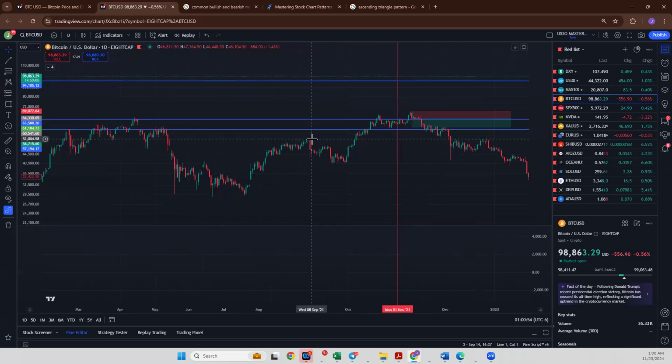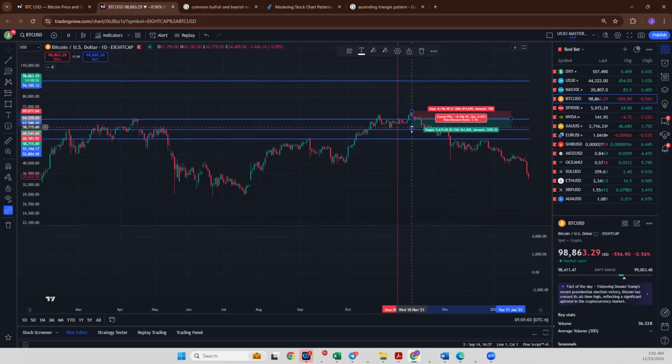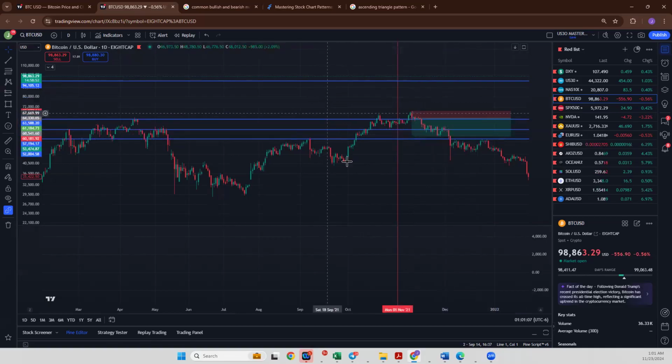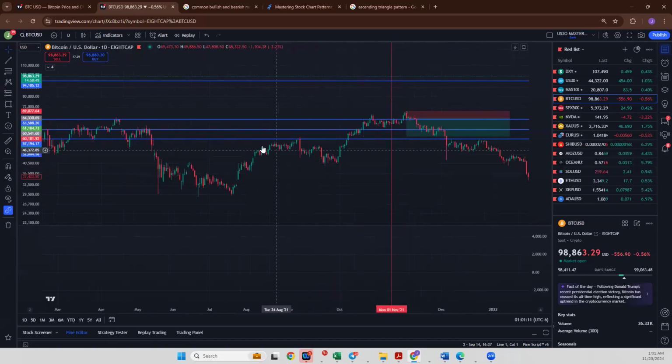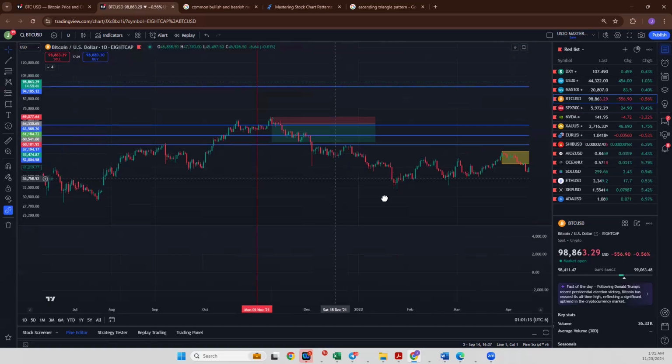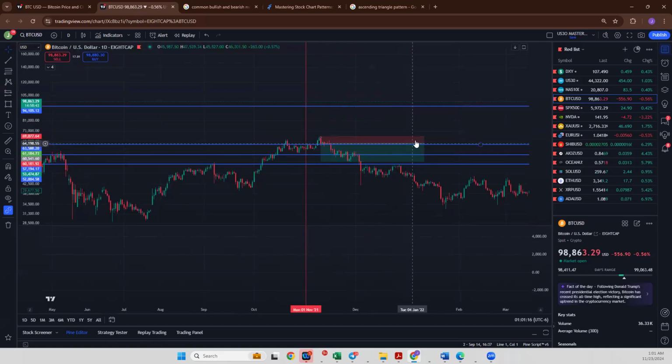If I look here, that's a resistance level right there. And we saw that we got the rejection off that level. These are key levels that I could have targeted on the way down, right? So I could have easily taken this at least to that level, at least there, if not a lot further, because we saw what happened to Bitcoin in 2021.